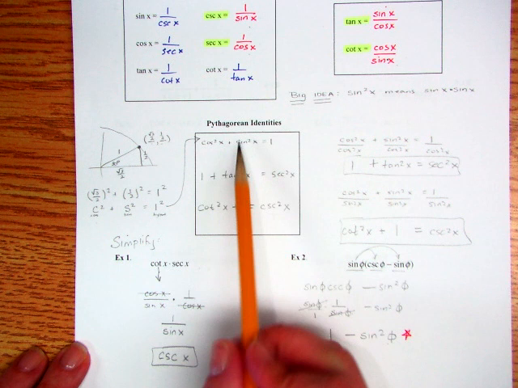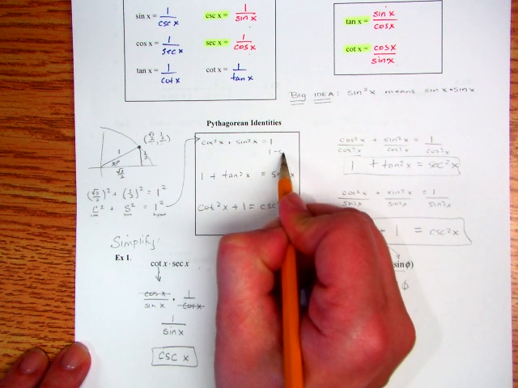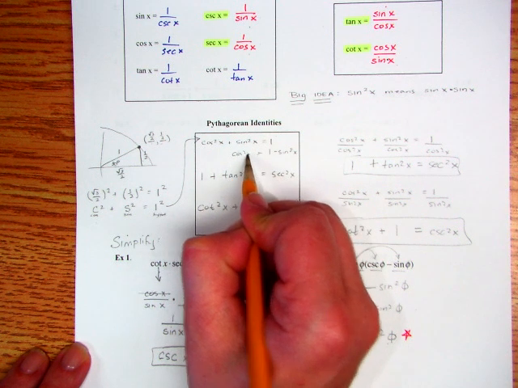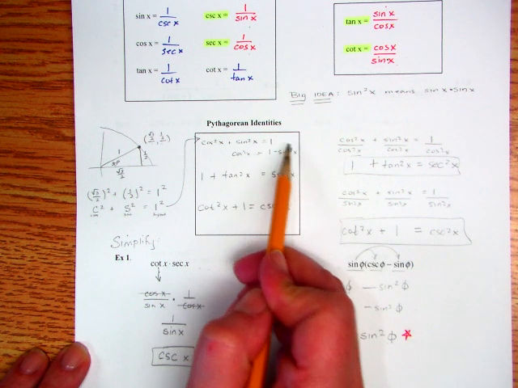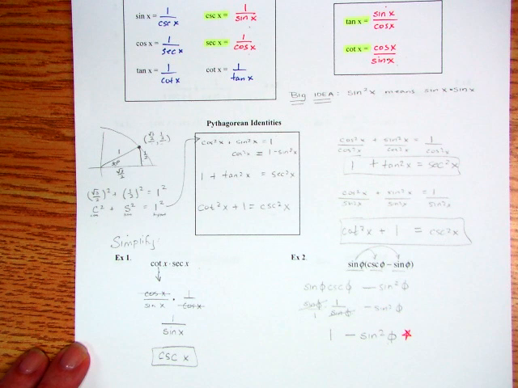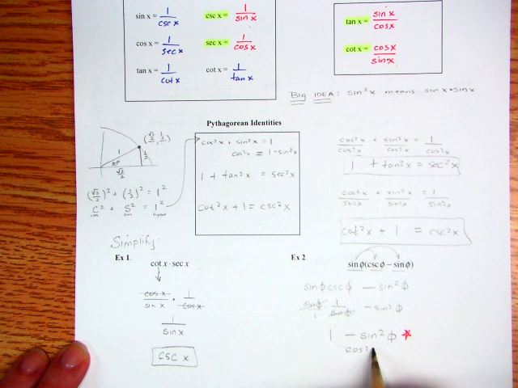If I come back up here and I rearrange this, I get 1 minus sine squared x is equal to cosine squared x. Moving one term to the other side, it has the same value as the original equation, but now I can substitute: 1 minus sine squared is the same thing as cosine squared. Be careful.